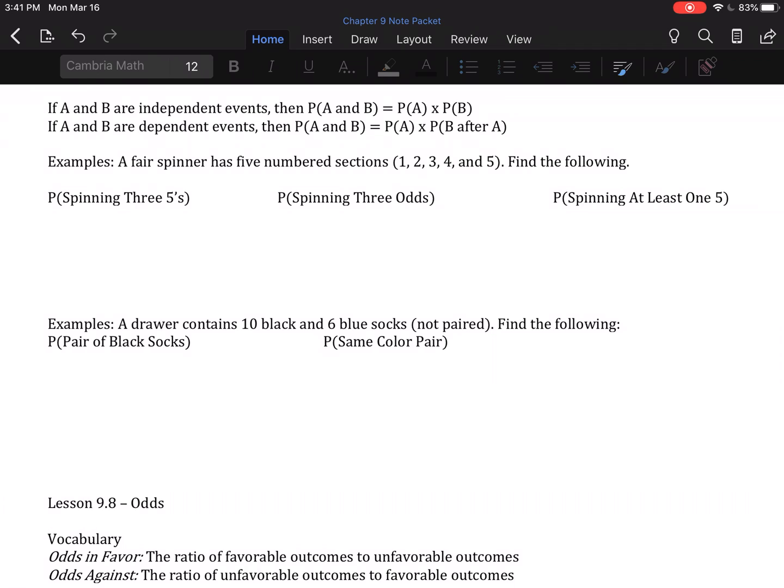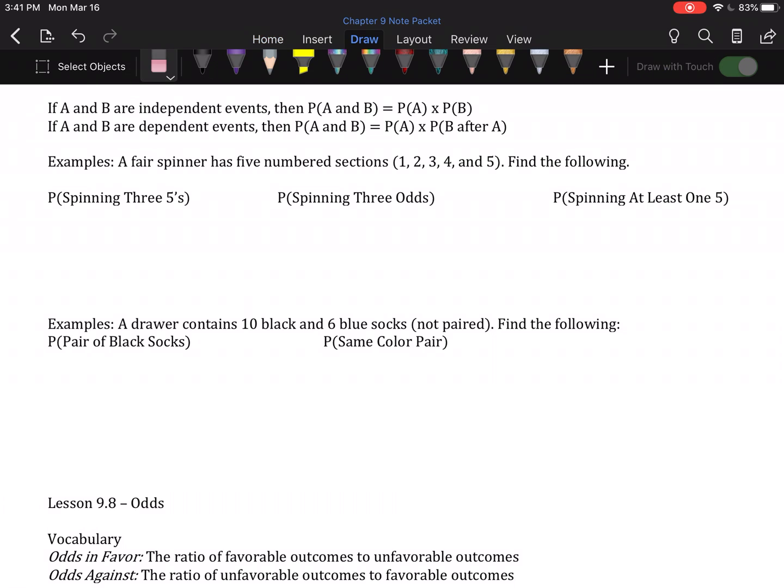So what we're looking at here, the first time, in order to draw a pair of black socks, I'm finding the probability of drawing black, then black. So there are 16 socks total. The first time, the probability of black is 10 over 16, as we would expect.